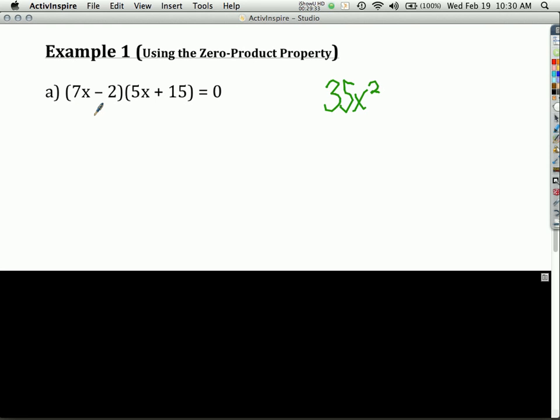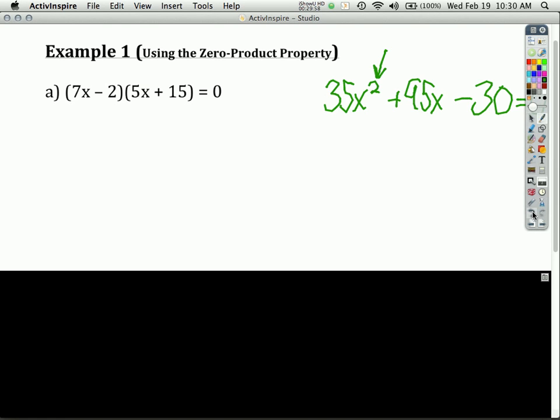And the inner is negative 10x, so that's 95x, and minus 30. Equals 0. So I could do that if I wanted to. But I do not know how to solve an equation that has that. So if I do that, then I'm stuck.